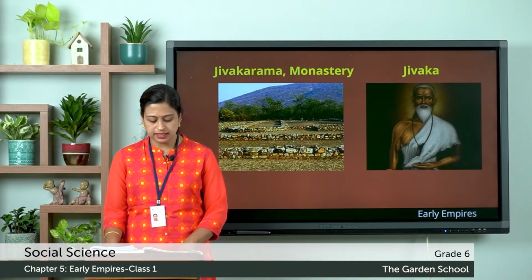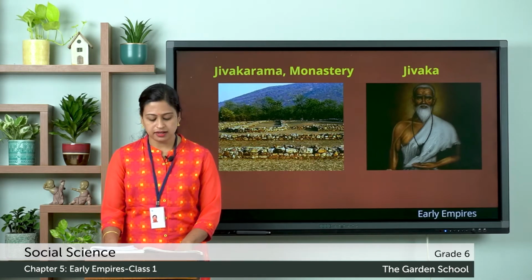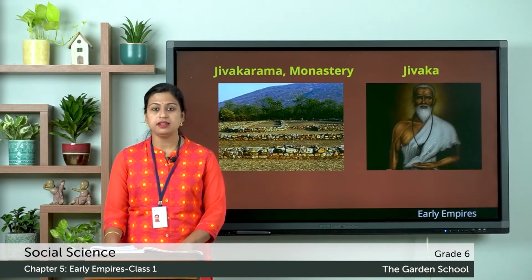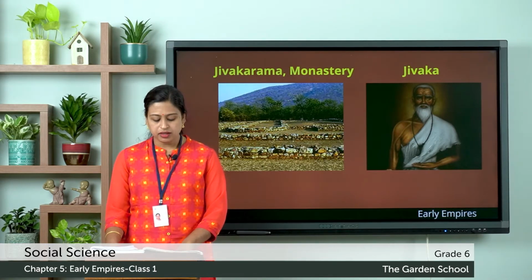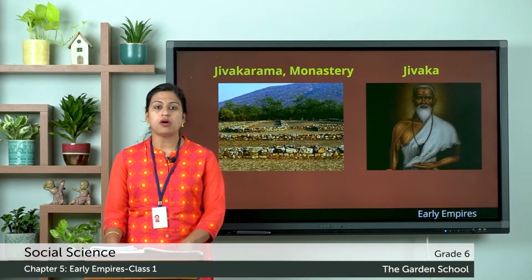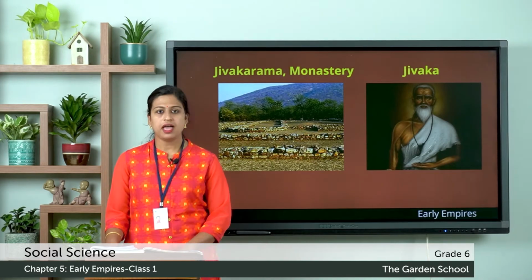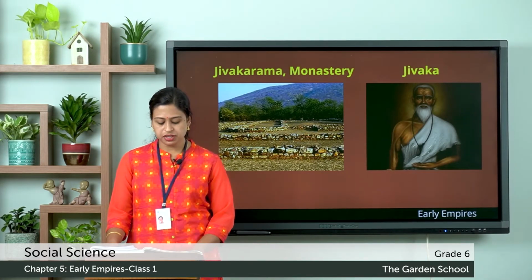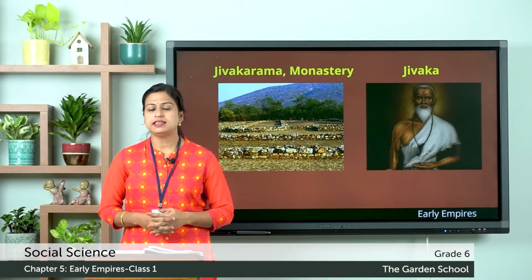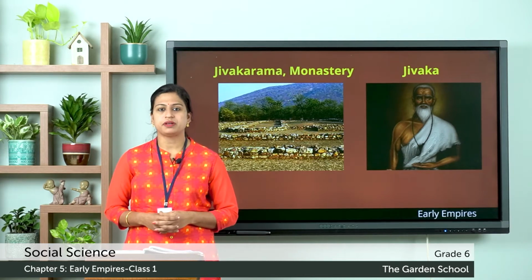Here you can see that around 600 BCE there was the rise of monarchies and kingdoms, and around 544 BCE Bimbisara of the Haryanka dynasty ascends the throne of Magadha, and around 493 BCE Ajatashatru ascends the throne of Magadha. So we will be discussing these topics in this chapter.